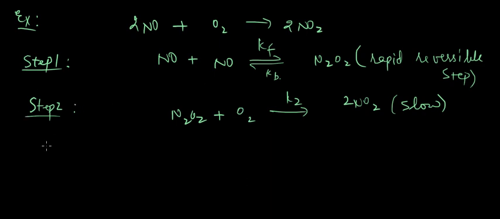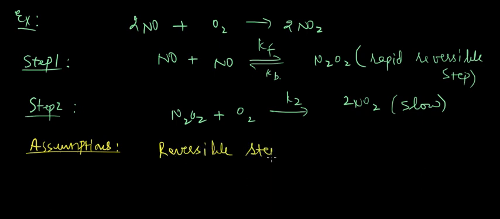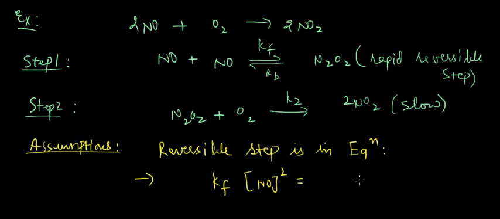Okay, and we are taking some assumption here: that the reversible step is in equilibrium, and we can write that Kf times [NO]^2 equals Kb times [N2O2]. This simply means the rate of forward direction is equal to the rate of backward direction.